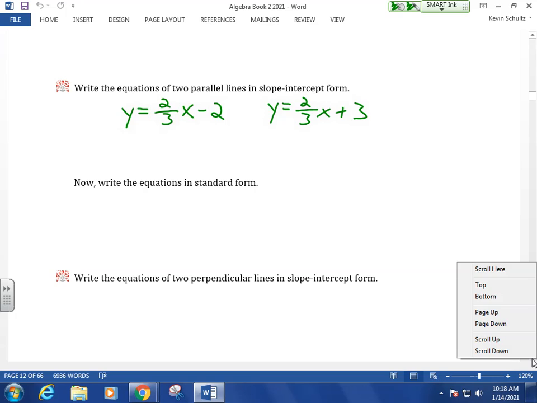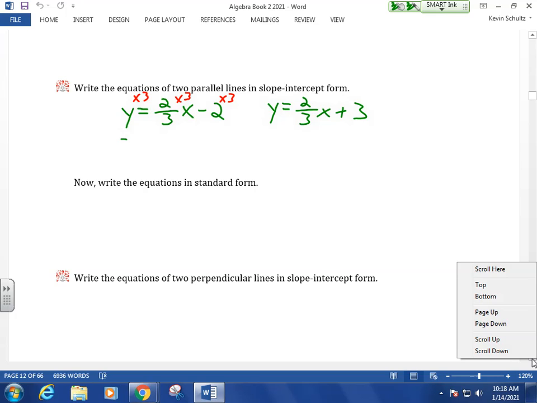What do we need to do to y equals 2/3 x minus 2 to put it into standard form? You multiply everything by the denominator. Right, we want to eliminate that fraction first, which means we're going to multiply everything by the denominator, which is 3. Everything on the right side, both terms, and the y on the left side.